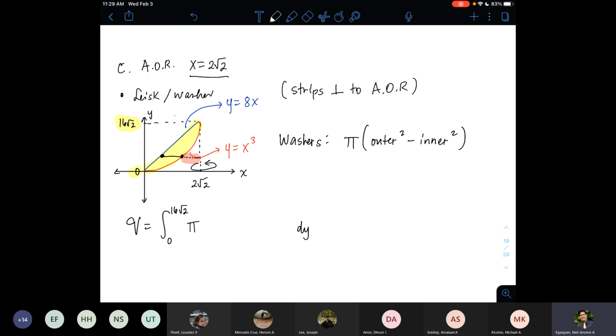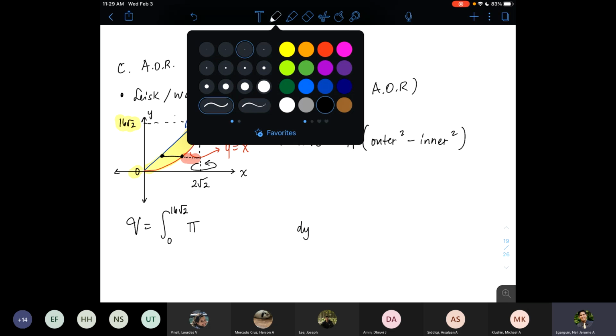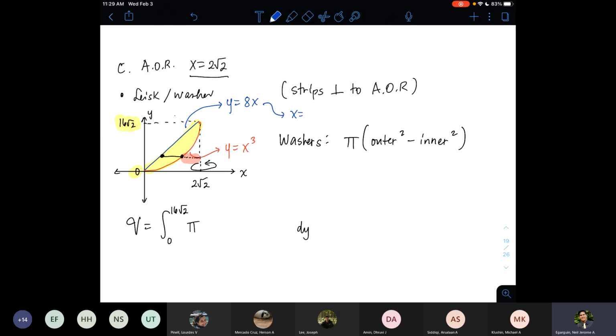I'm integrating with respect to y, so I need to write the functions in terms of y. This can be rewritten as x equals y over 8, and this can be rewritten as x equals cube root of y, because the integrand requires a variable y.